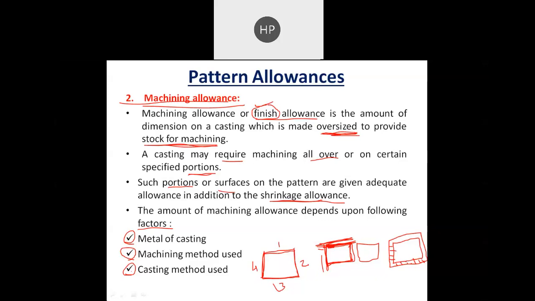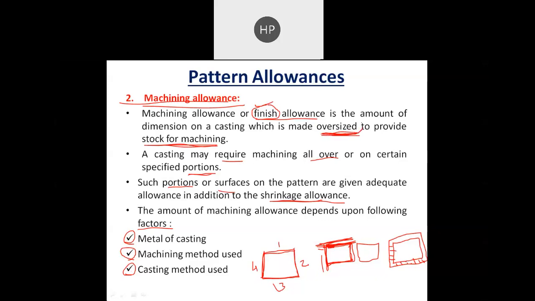While in some casting methods you have a very rough outer surface, and then it requires more machining to get the finished surface. So based on which casting method we are using, we have to give appropriate machining allowances to the pattern.